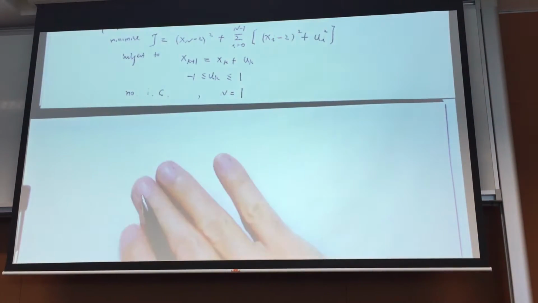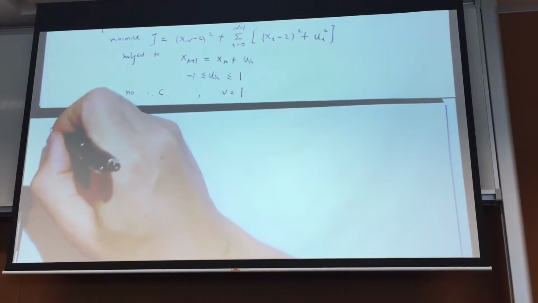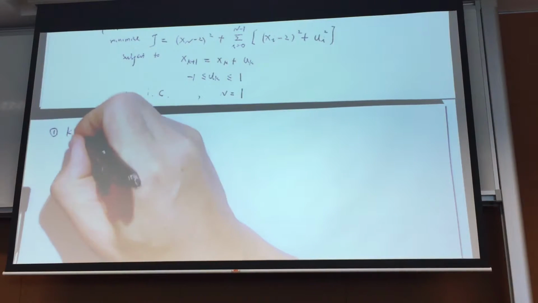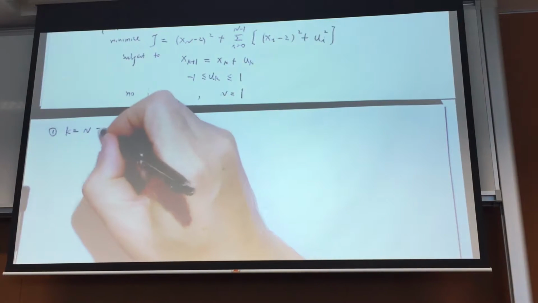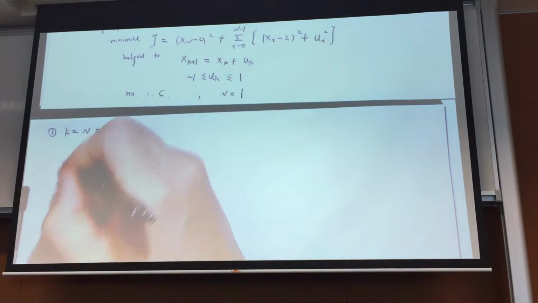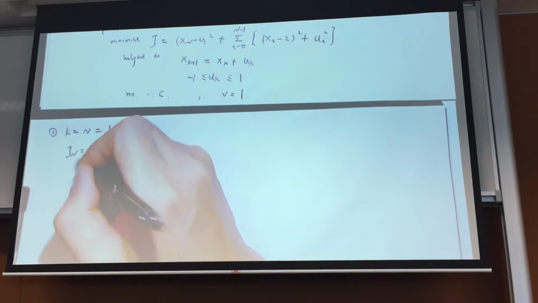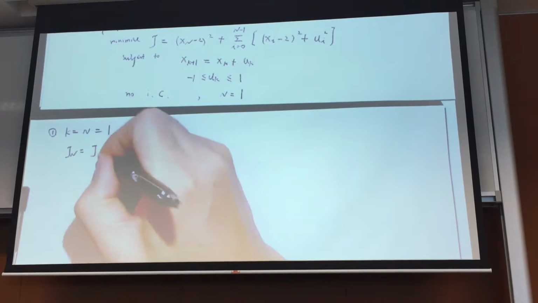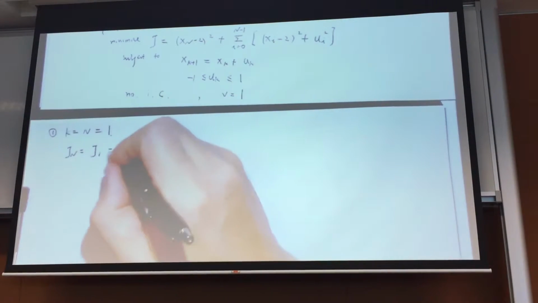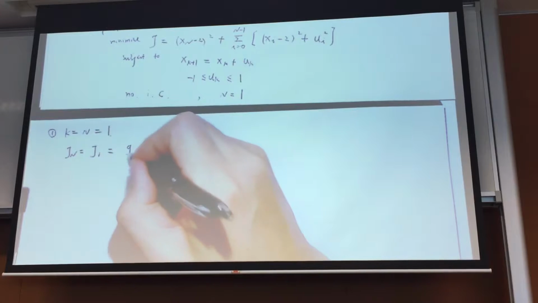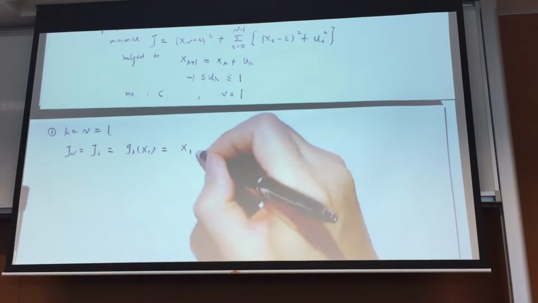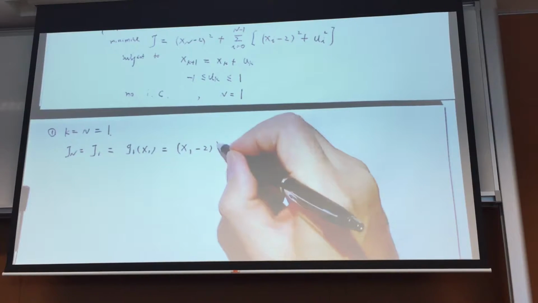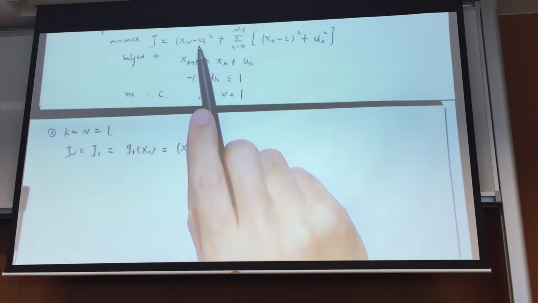For the solution to the problem, our first step is for the final state, k equal to n. In this case, n equal to 1, so J_n is just equal to G_1. It's given by (x1 minus 2) squared, the first part.